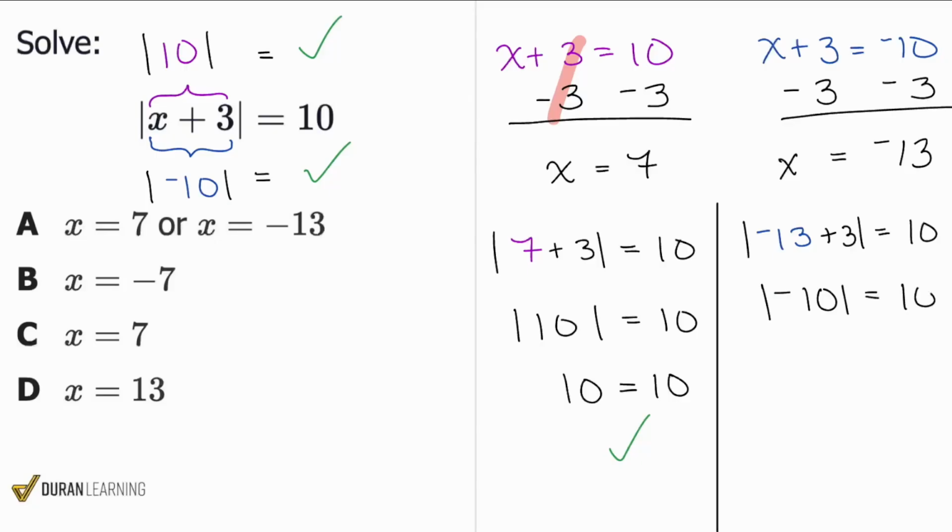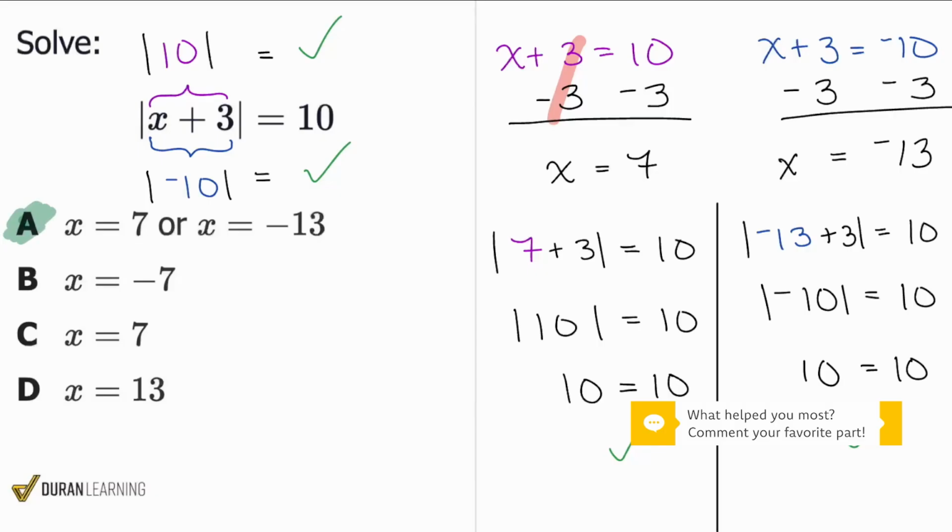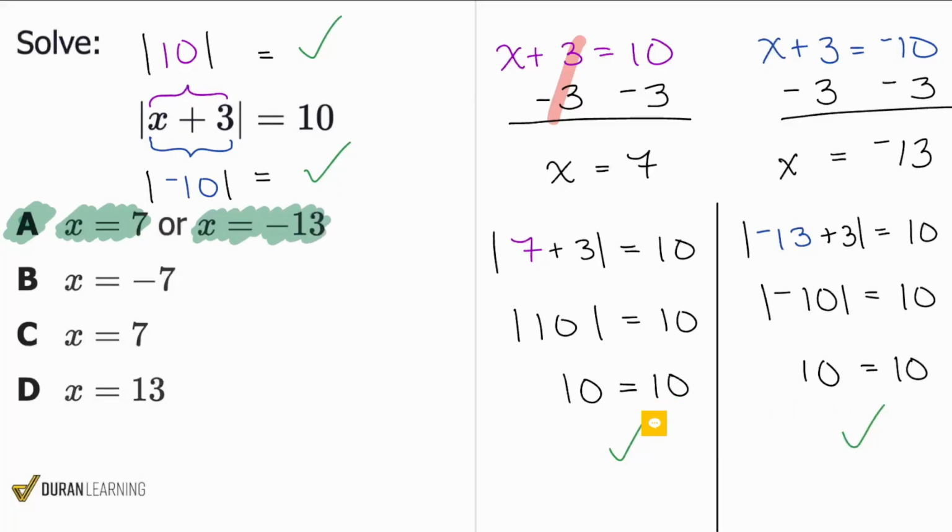Everybody, is the absolute value of -10 positive 10? Is that true? It is. So positive 10 does equal positive 10. And so that answer works as well, making the correct answer here answer choice A. x can be 7 or x can be -13.